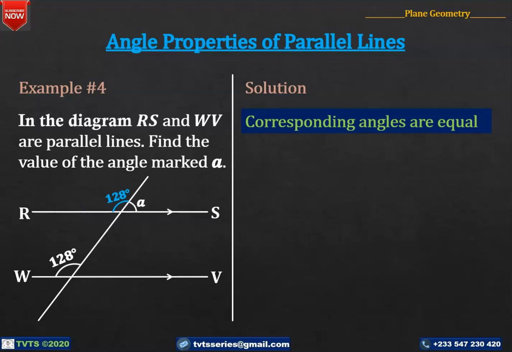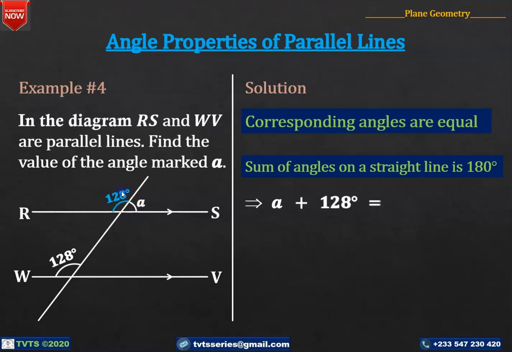The second hint is that adjacent angles on a straight line are supplementary or sum up to 180 degrees. This implies that A plus 128 degrees is equal to 180 degrees.